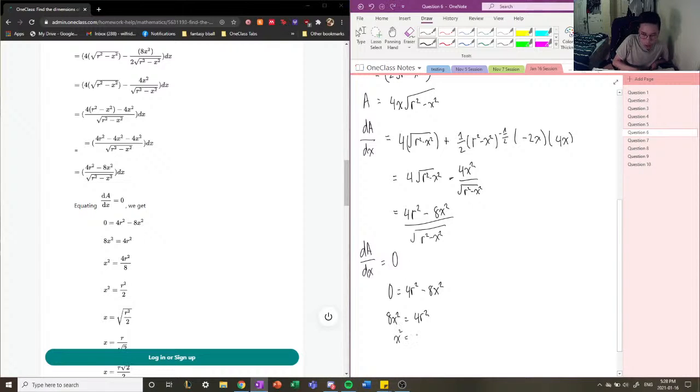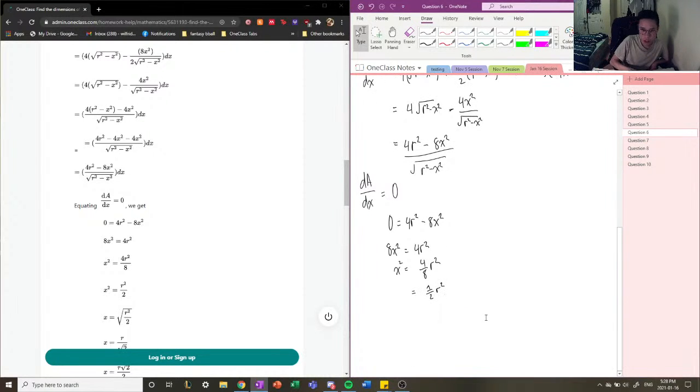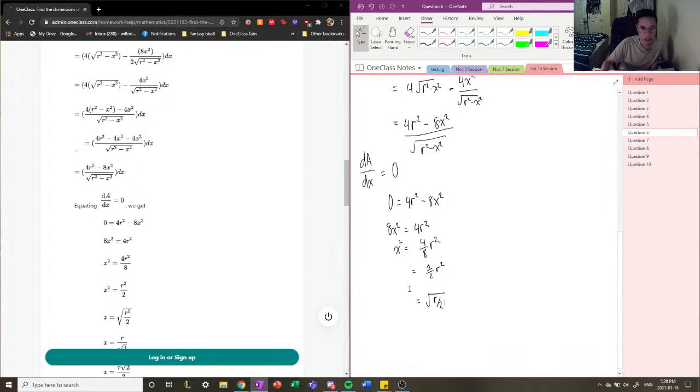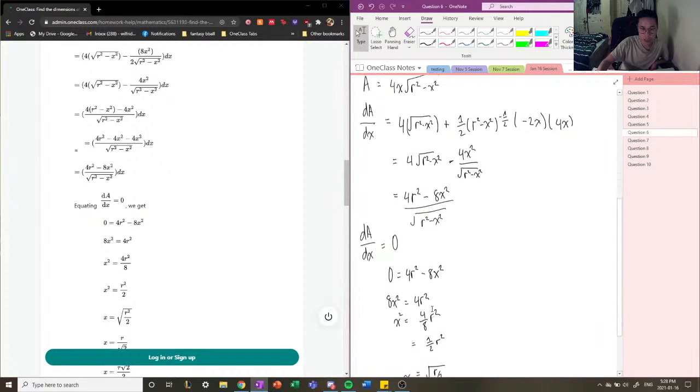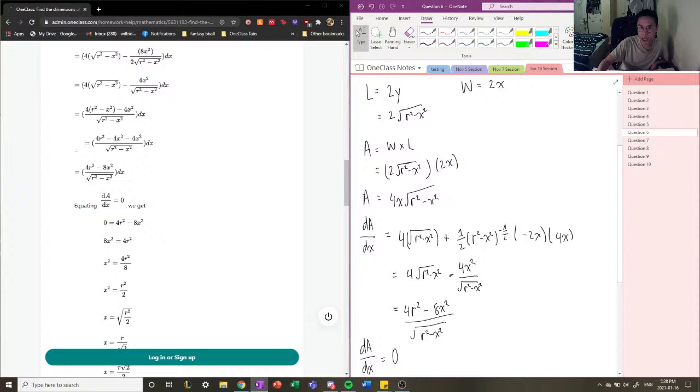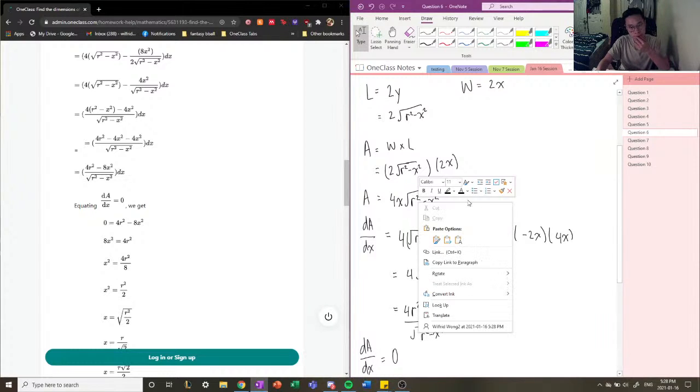We have x squared equals 4 divided by 8 r squared, and we have half r squared. And then we take the root of both sides, and we have r divided by 2, root of r divided by 2. Okay, so this is the value of x which will basically maximize or minimize our function here.